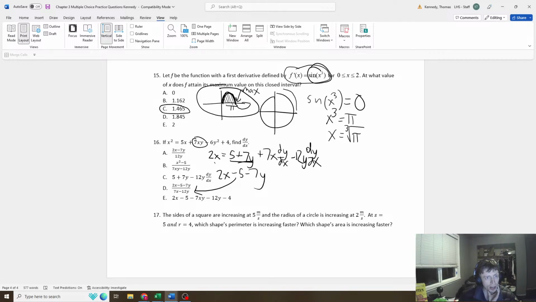Sine usually goes positive, positive, positive, and then we switch right here at pi to negative values. So that's why I set the inside equal to pi. So I know that critical point is the one where I'm going to attain a maximum on the interval 0 to 2. Then I just cubed root both sides and got the answer.